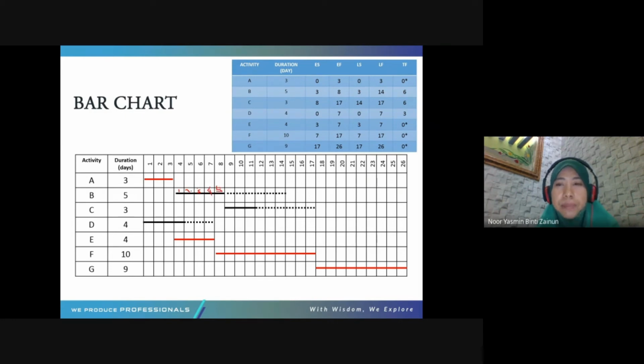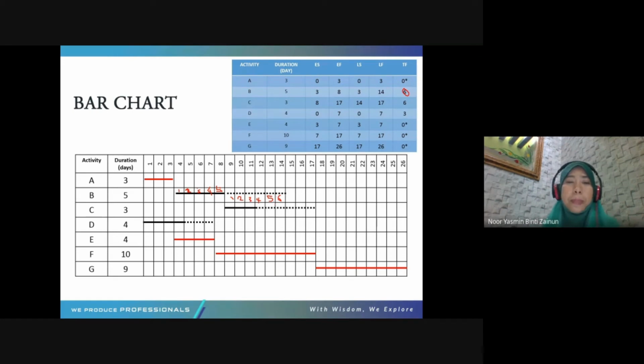However, activity B has another 6-day float, meaning you have an extra 6 days. If the activity is delayed by 2 days, it will not affect the project. If it is delayed a maximum of 6 days, it still does not affect the project. But after 6 days, you cannot delay anymore. So you have 1, 2, 3, 4, 5, 6 floating days.